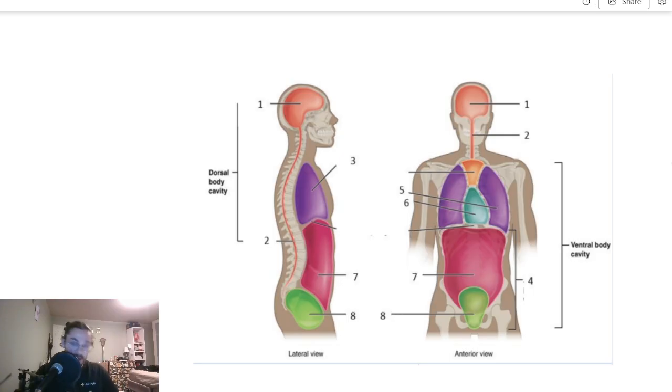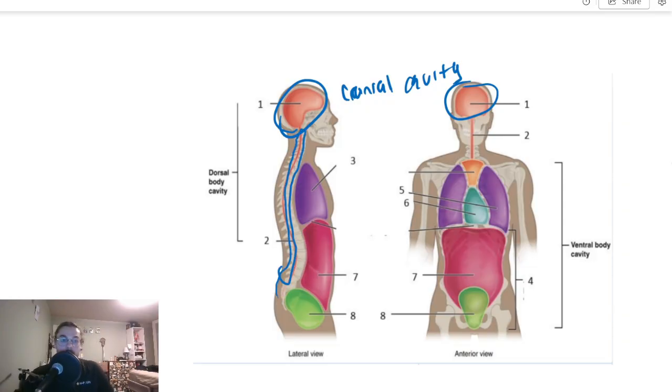So first we have our cranial cavity. That's right here. Cranial cavity. You can guess what goes in there. That's your brain. Then we're going to have our spinal column. That is where your spinal cord lives.